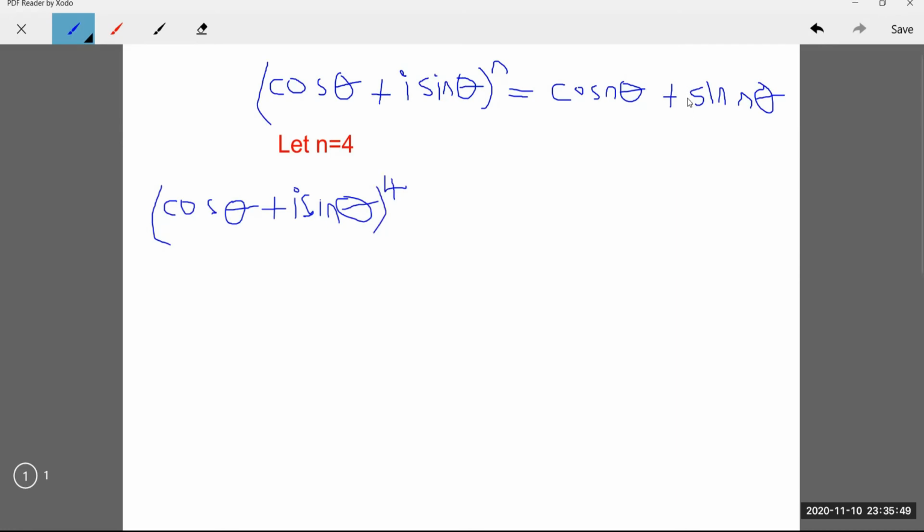I left off the i right here. It's equal to cos 4 theta plus i sine 4 theta.